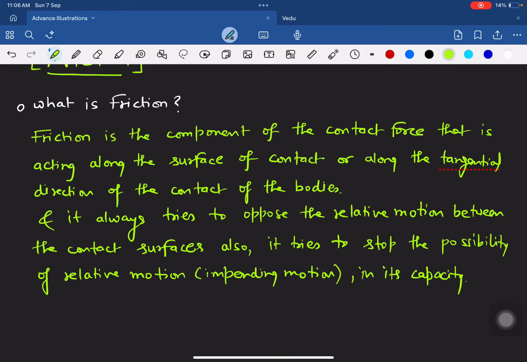So this is the whole nature and behavior of friction.